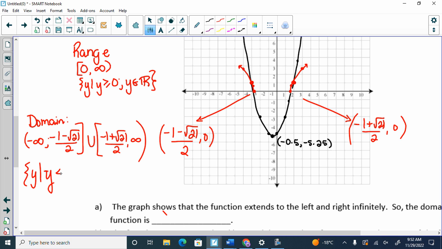y is less than, why am I using y's? Oh gosh. There we go. Question does say y. Which one? It's a struggle. x such that x is less than or equal to -1 minus root 21 over 2.